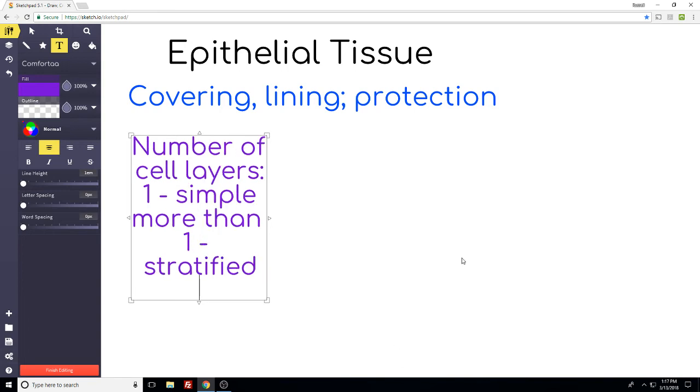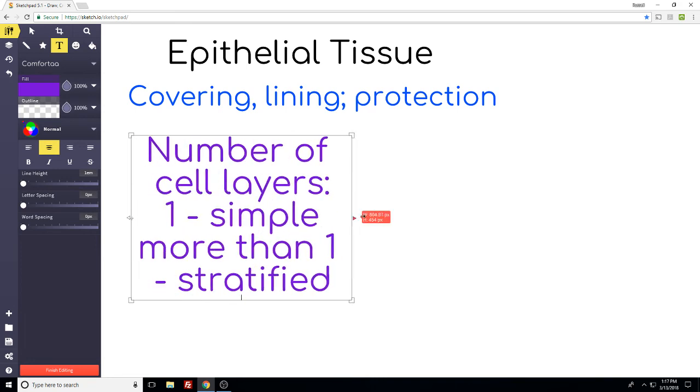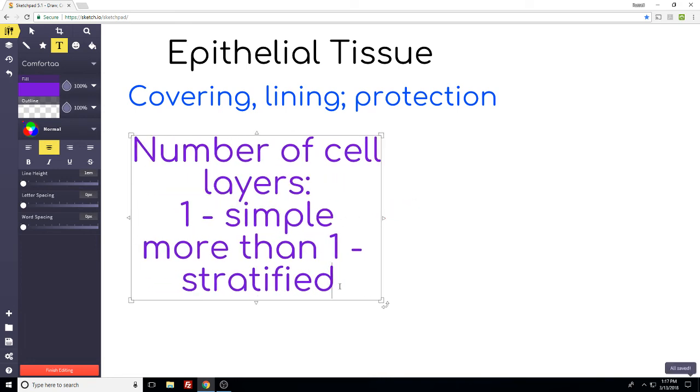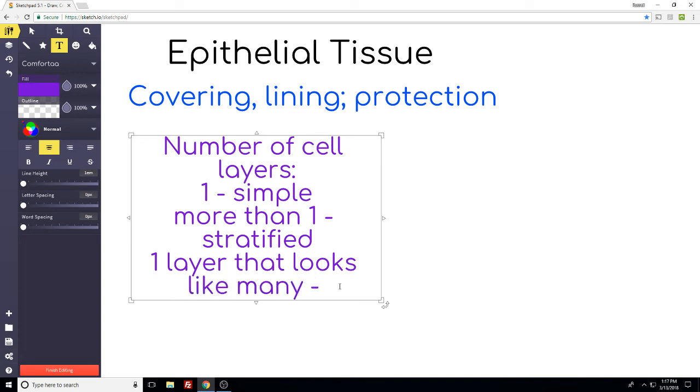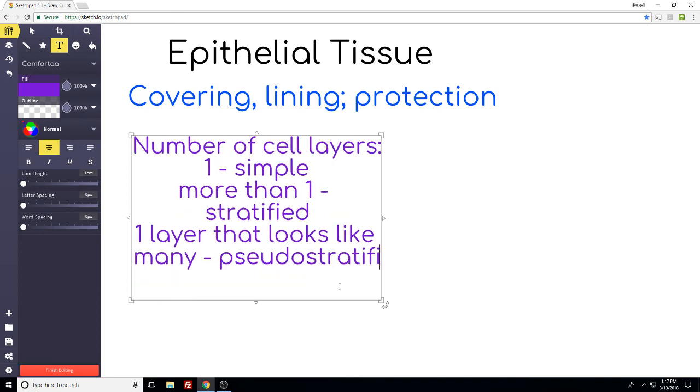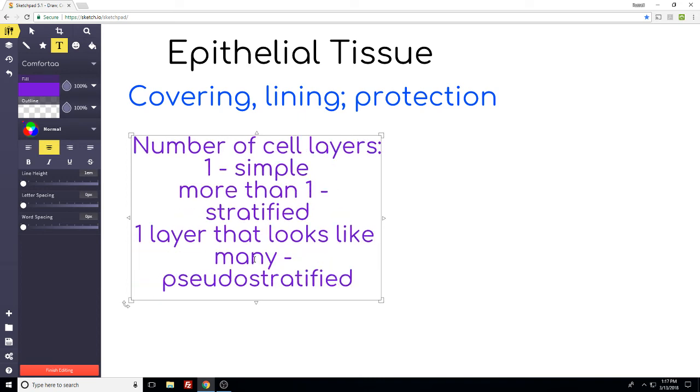And then we do have one other option that is a little bit confusing, but it's possible that you have one layer that looks like many. And that is what we call pseudostratified. If you remember, pseudo means fake or false. So pseudostratified means it's false stratified. It looks like it's stratified, but it's not actually.